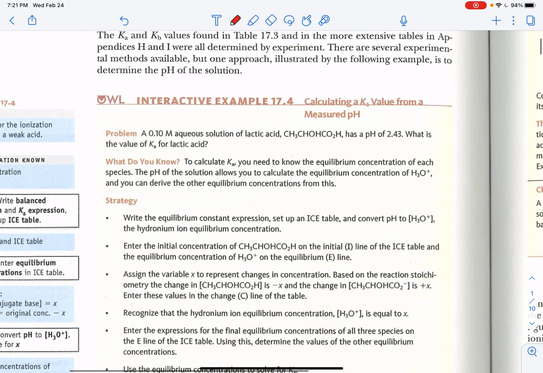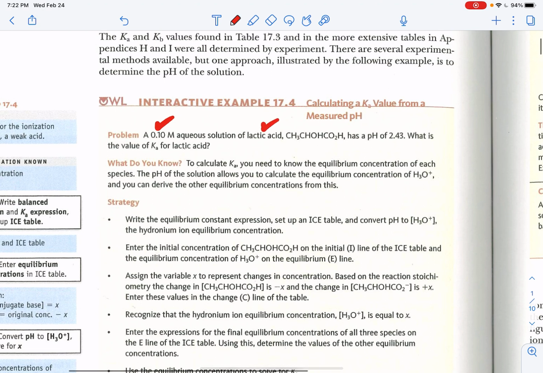And it says we've got a 10th molar aqueous solution of lactic acid. Now we already went over this in class, but this is a review to set the stage for the rest of the problems. What do we notice in this problem? Well, we have a 10th molar solution. The next thing we look at is lactic acid, which right off the bat we say must be a weak acid because it's not one of the strong acids.